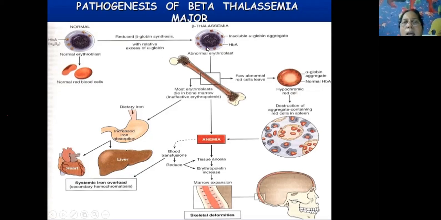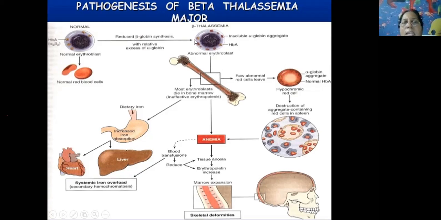So in this abnormal erythroblast, the alpha globin has no beta chain to unite with, so all these will aggregate or precipitate. And this amount of hemoglobin is the remaining HbA, whatever is present. What happens? Most of them die in the bone marrow because of these aggregates.